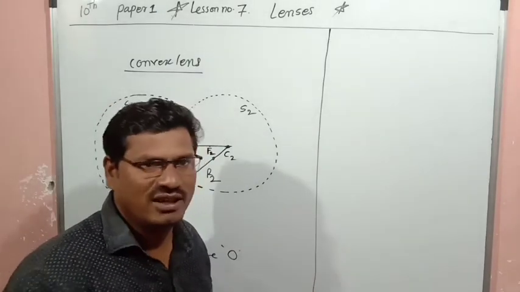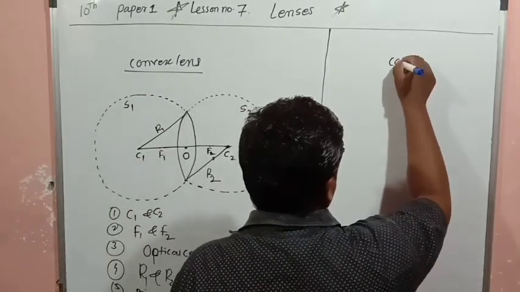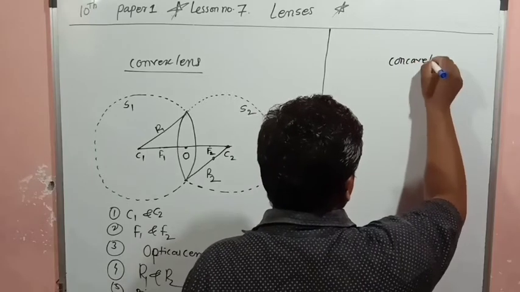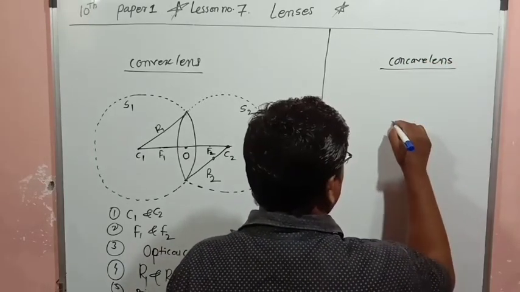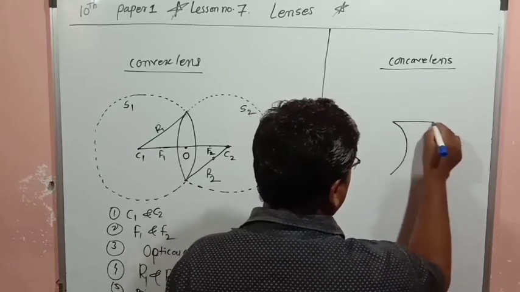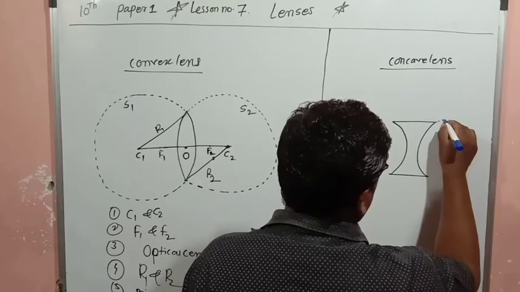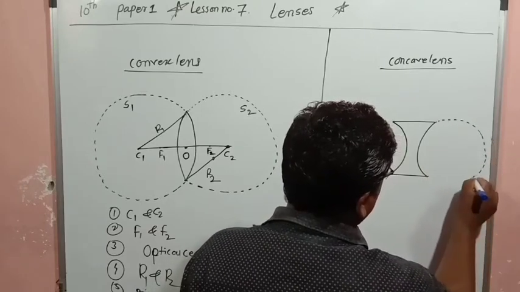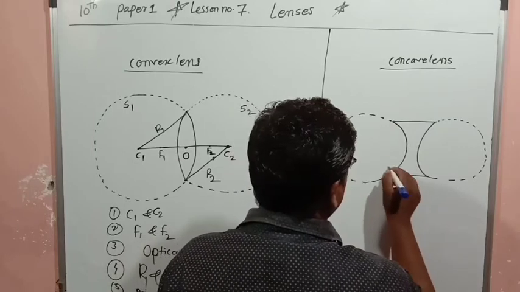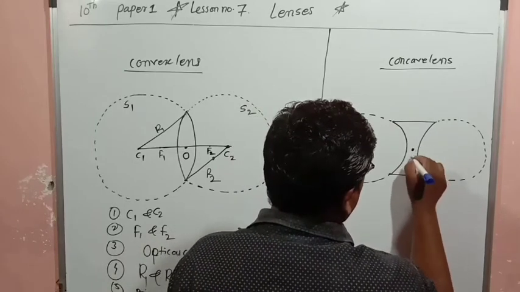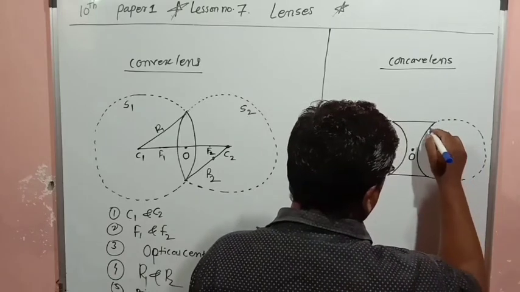If you consider another, the concave lens, then it will be like this way. In case of the concave lens, the lens will be like this, and if you draw an imaginary circle, this one will also be an imaginary circle, and here will be the optical center O, and this is part of the sphere.